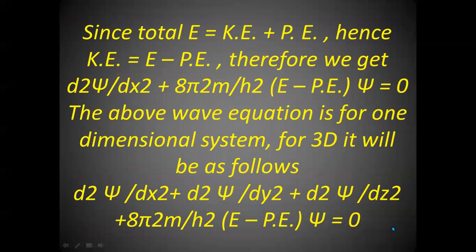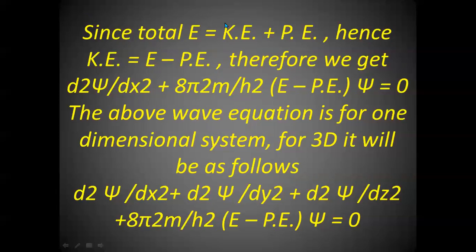Now every body possesses energy, which is called total energy, and it is the sum of two types of energies, kinetic energy and potential energy. Here the electron is revolving around the nucleus, which means it is traveling. Actually revolution is nothing but traveling. It is a type of motion.